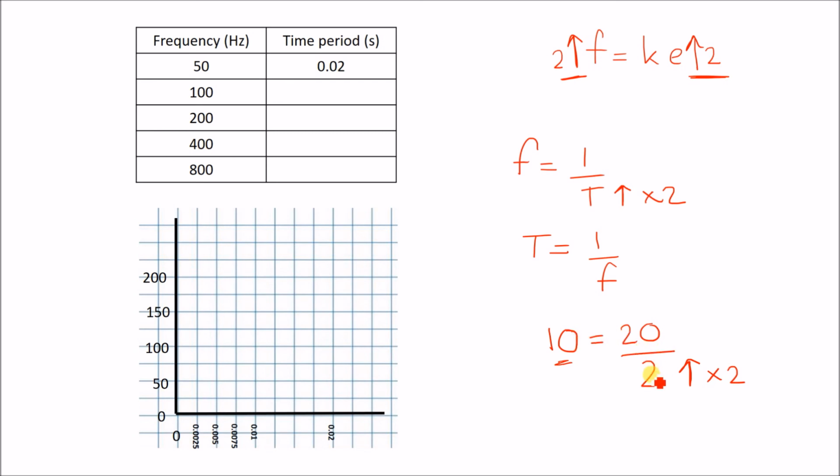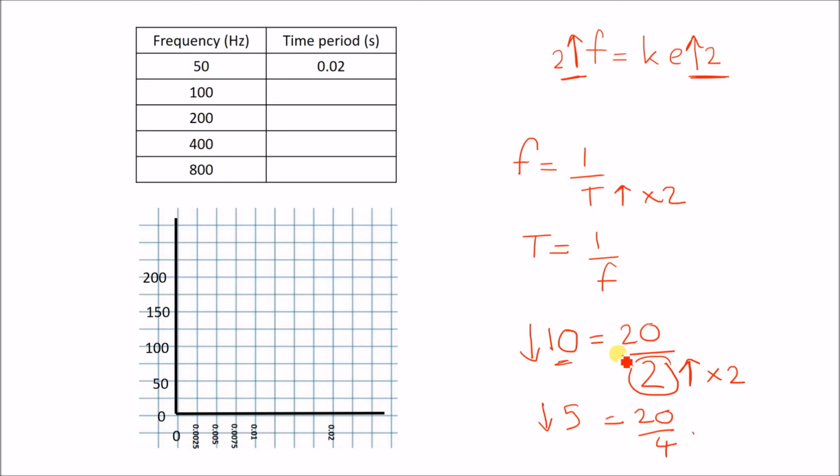If I do 20 divided by 2 and I times the 2 by 2, I've now got 20 divided by 4. Can you see that 20 divided by 4 is equal to 5? So by increasing this number by 2, I decrease this number by 2. So inversely proportional basically means that when you increase one variable by 2, you must decrease the other by 2.